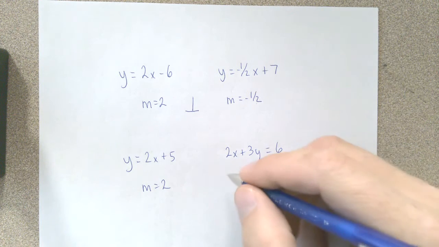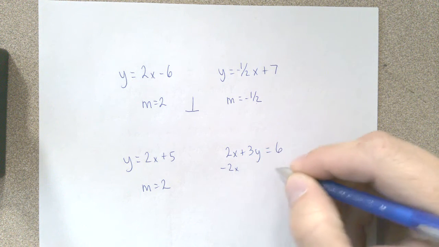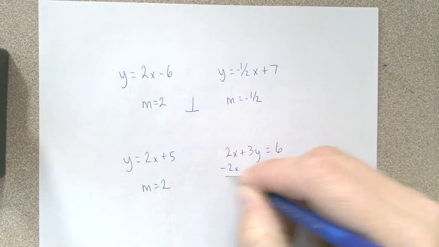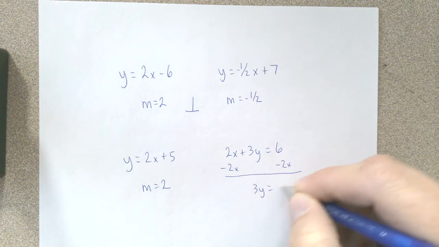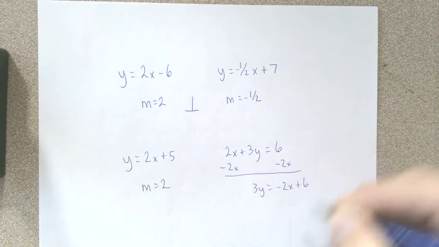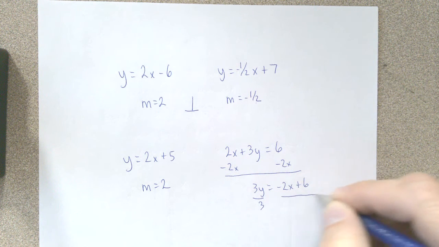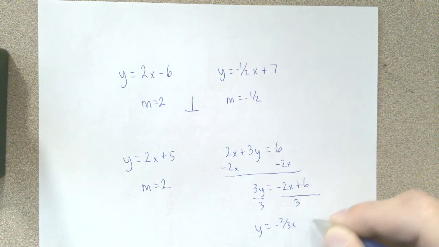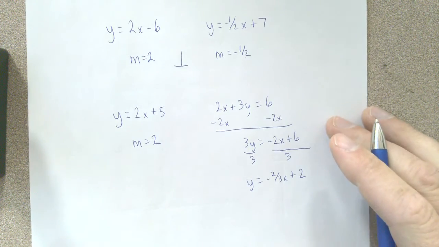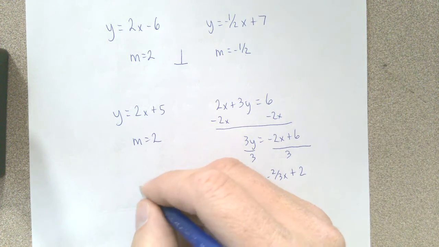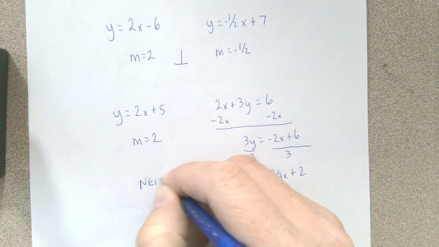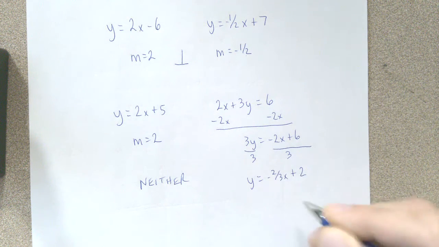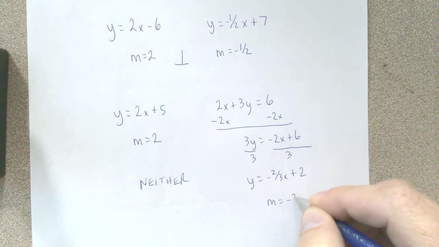So we have to get y by itself. So to do that, we'd subtract 2x. We get 3y equals -2x plus 6. Divide by 3, so y would be -2/3 x plus 6 divided by 3, which is 2. So this one would be neither, because the slope of this line is -2/3.